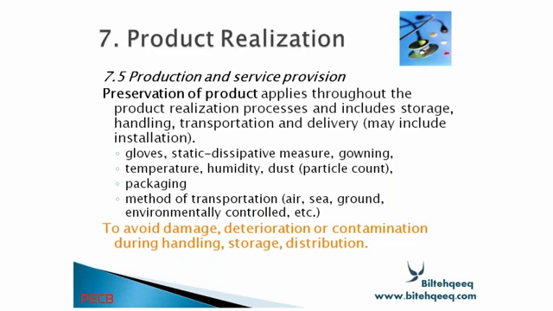And next is the preservation of products, which applies throughout the product realization process and includes storage, handling, transportation, and delivery. It may include installation, gloves, static and dissipative measures, gowning, temperature, humidity, dust, particle count, packing, methods of transportation: air, sea, ground, environmentally controlled, to avoid damage, deterioration, or contamination during handling, storage, and distribution.